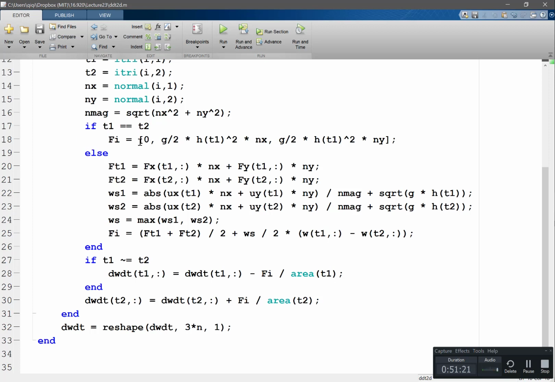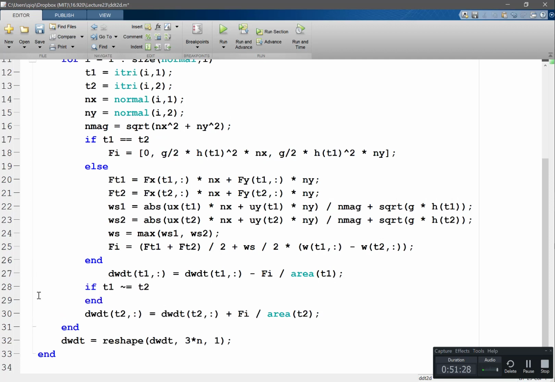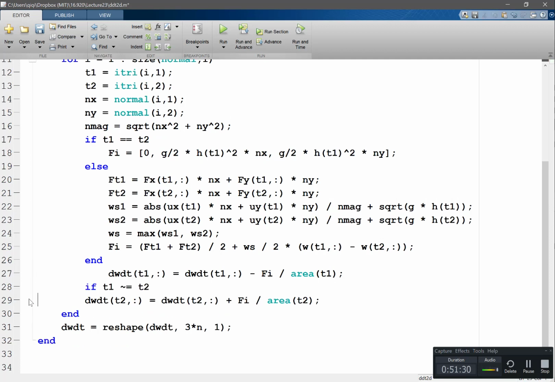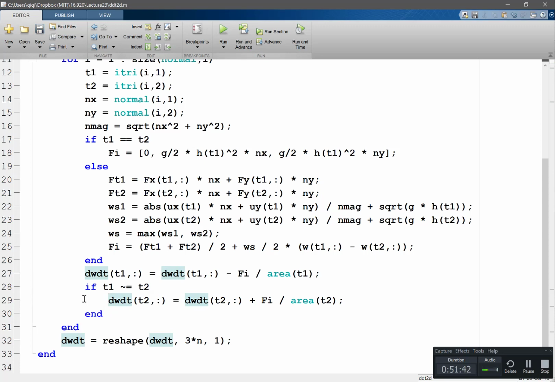Okay, you are right, so I have to be subtracting anyway. If the normal is pointing inward, then I'm actually computing the flux inward, which I should still be subtracting. Okay, so this is actually correct.